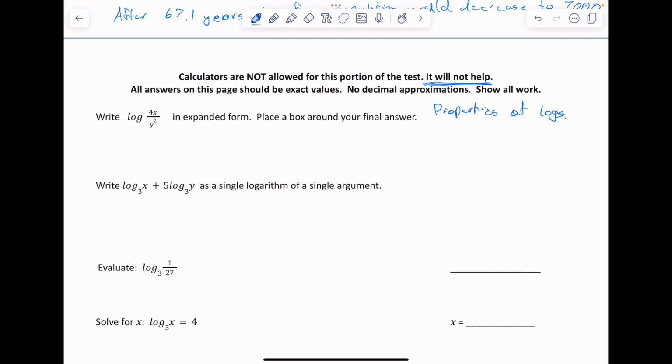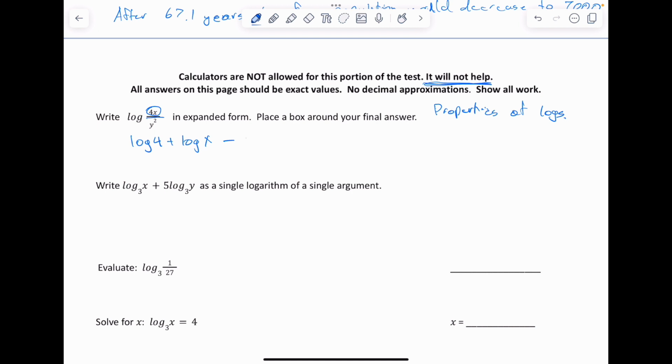In this one, so we have log. When you're inside the log and they're being multiplied, that means they're going to be adding. So log 4 plus log, I'm doing the first part on the top, log x. This division means there's a subtraction that takes place on the outside.